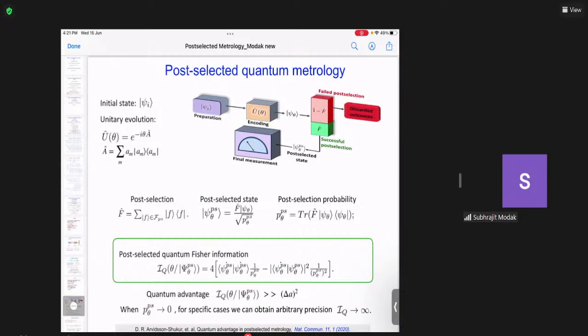Right now, after having all these technicalities and writing the post-selected state, post-selection blocks, and post-selected quantum Fisher information, it looks like this, right? So you can see what I have already said earlier. I will now hit the quantum advantage in some limit, and I will show you how. The quantifier of this quantum advantage would be your I_Q theta conditioned on psi theta PS, the post-selected state, which is not bounded by the limit set by Heisenberg.